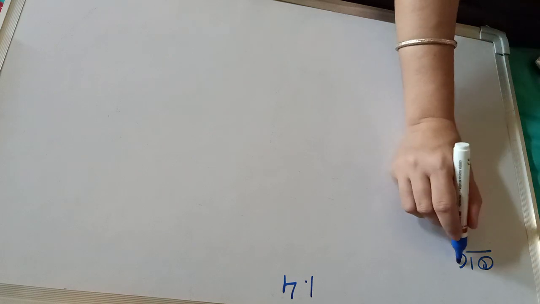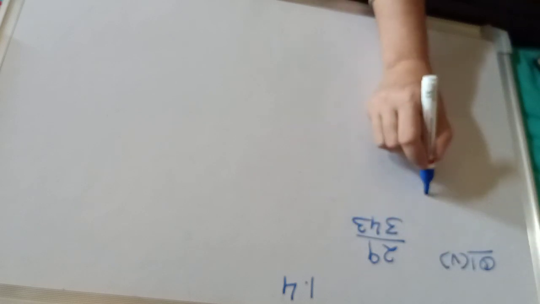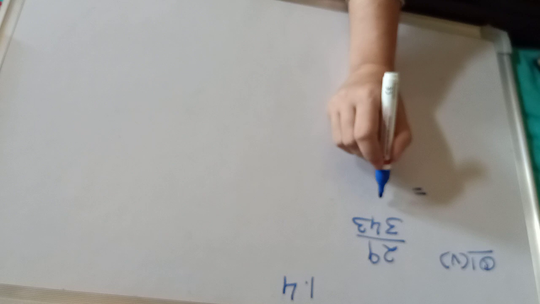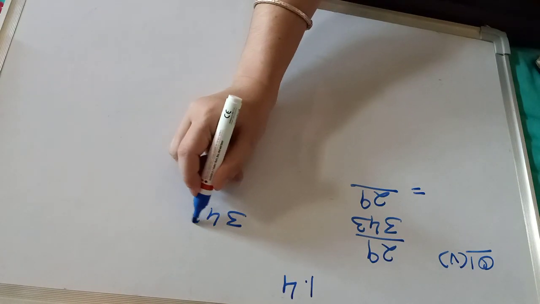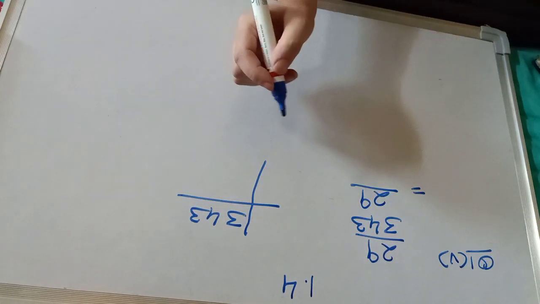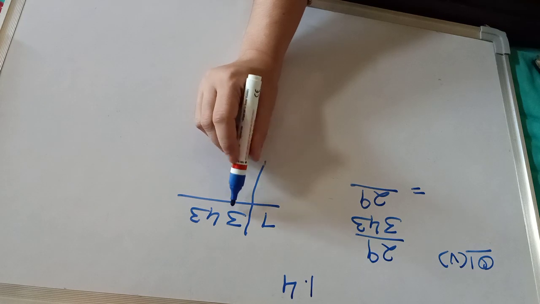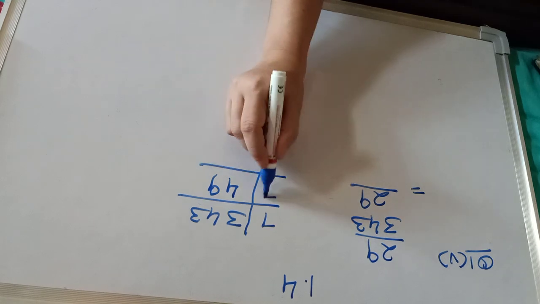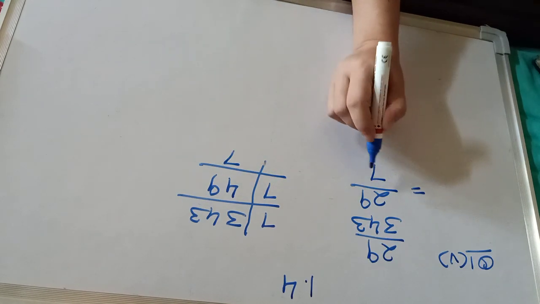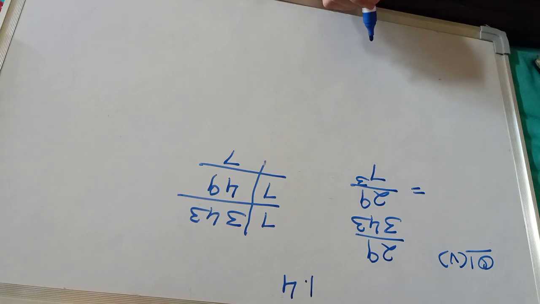Your fifth part is 29 upon 343. It can be written as 29 upon, you need to factorize 343, because 29 is a prime number. Yes, with 7, 7 sevens are 49, means 29 upon 7 cube.